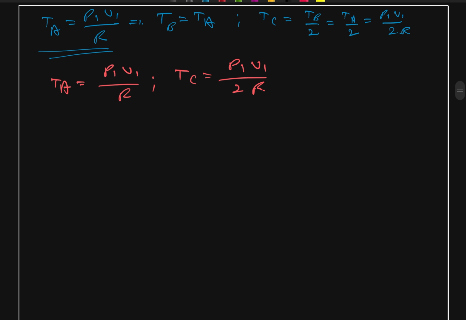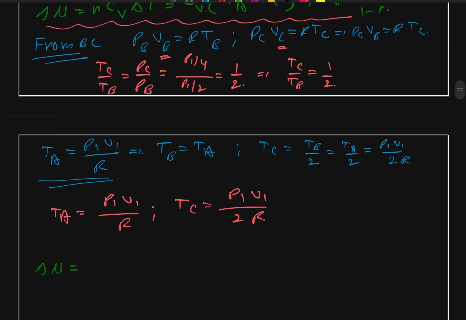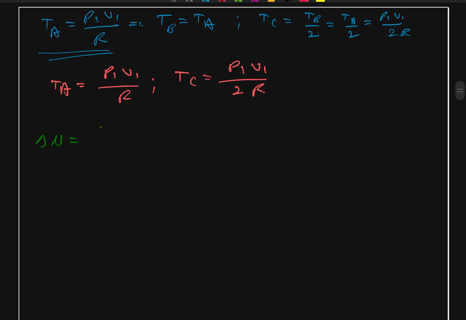So we get our delta U will be equal to C of V, which is R upon 1 minus gamma, times P1 V1 upon R minus P1 V1 upon 2R, which gives us P1 V1, R is going to cancel out throughout, and this will be equal to 1 minus gamma.